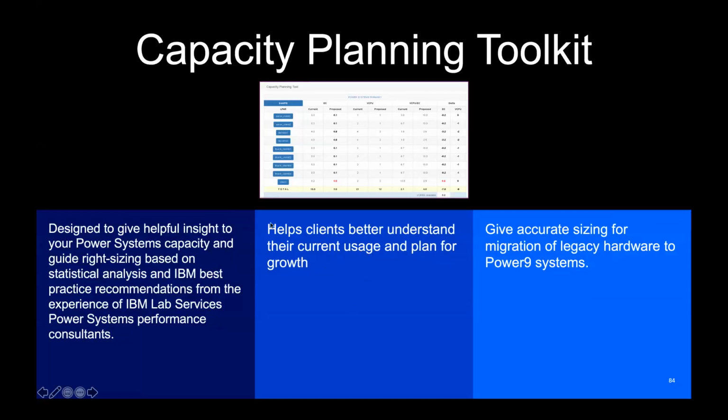I know for a fact most clients are accustomed to the LPAR2RRD. We do a similar thing to LPAR2RRD just for the Power systems, but we tend to believe we might be doing more granular sizing than LPAR2RRD. We try to give accurate sizing for migration from legacy hardware to next target architectures like Power9 or later.